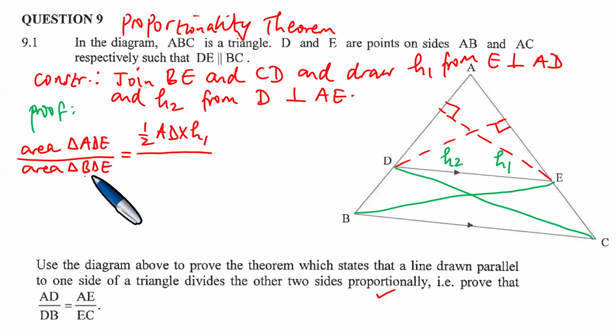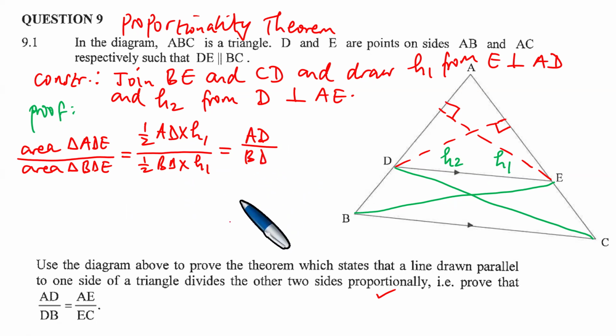You divide by, now the triangle BDE, which is also half the base BD multiplied by the height H1. And then now you cancel these things, which gives AD over BD, like this.